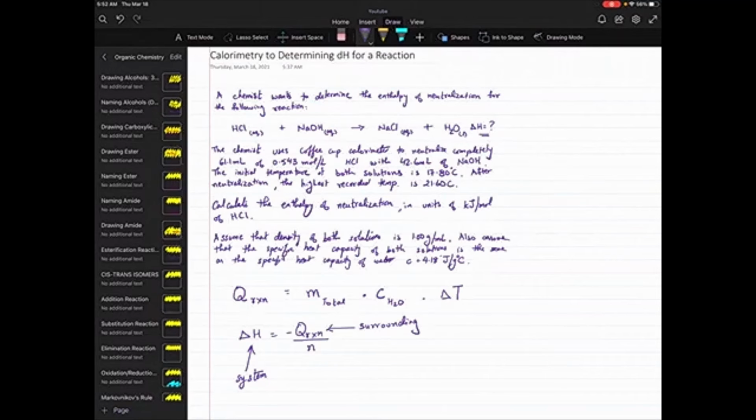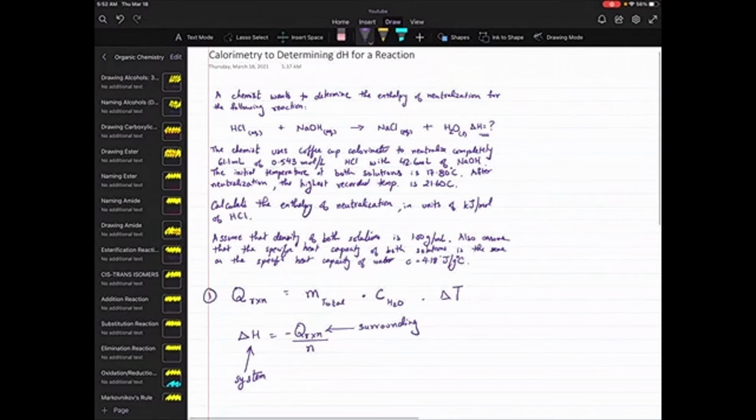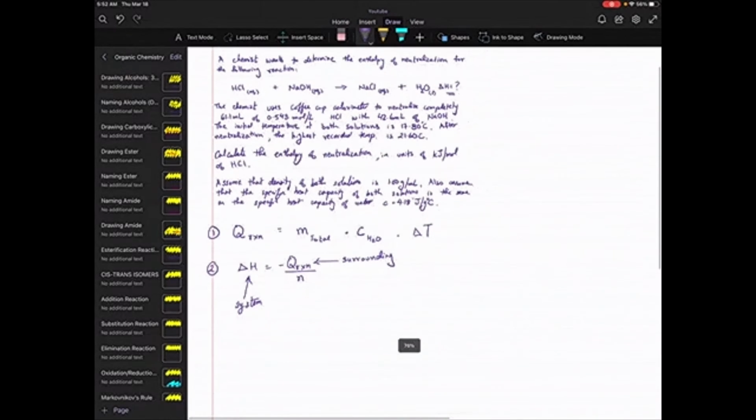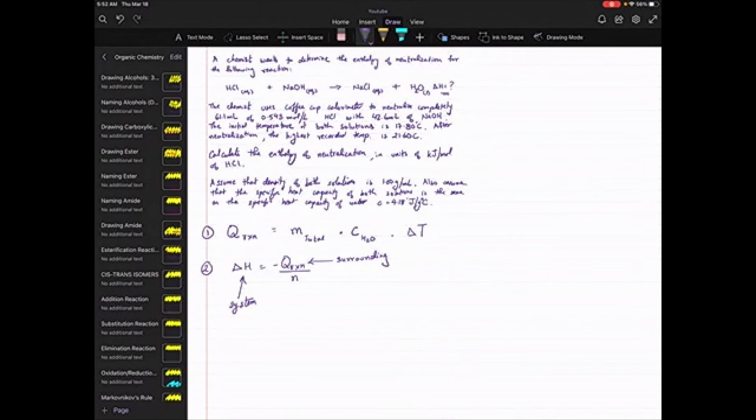So let's then try to solve this question. First, we will have to solve for Q, and then we can use that to find the delta H. Okay, so let's go for it. Let's find Q of this reaction, starting with the masses. We don't have the grams of HCl or NaOH, but we have the density and the volume.